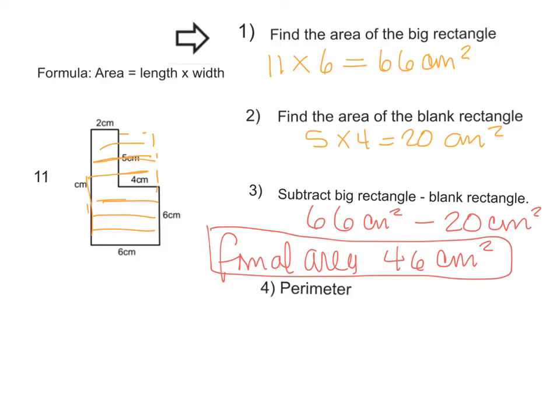The perimeter will be found the same way. We will add 6 plus 6 plus 4 plus 5 plus 2 plus 11, and we will have the same perimeter.